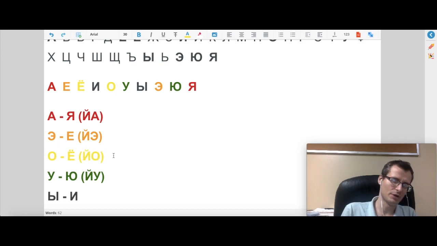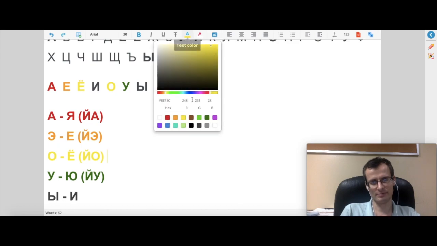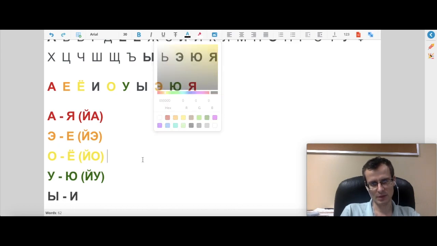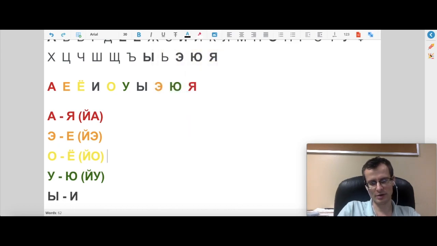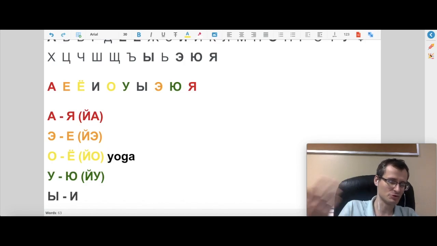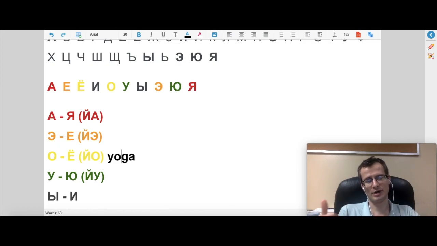For example, take the word yoga. Originally, I don't know what language we took it from. Maybe we took it from English, supposedly. But imagine we borrowed it into Russian from English. So in Russian, the word yoga is the same.